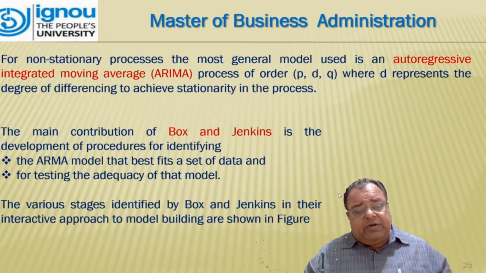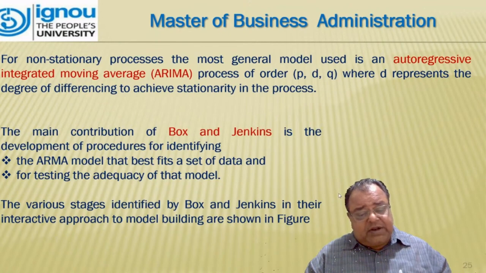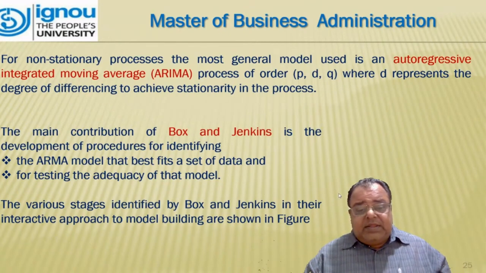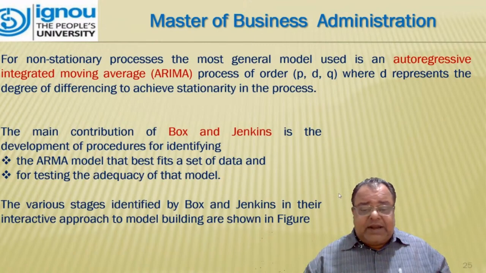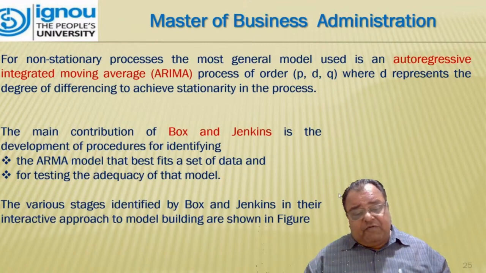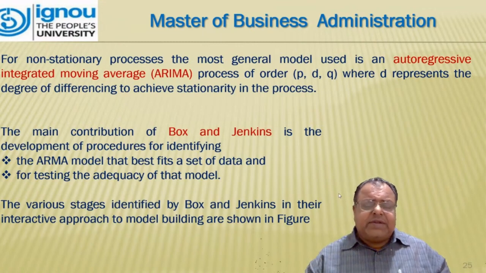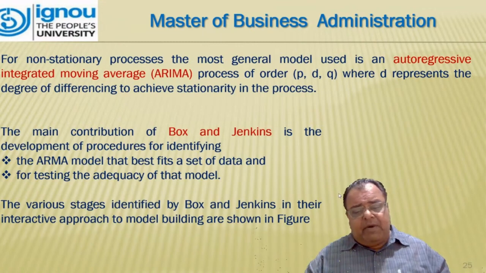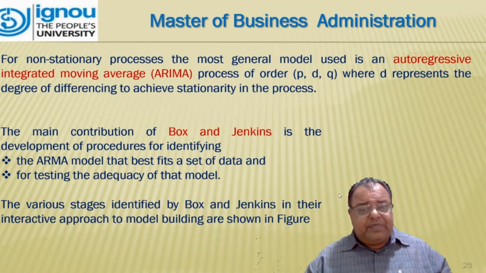The main contribution of Box and Jenkins is the development of a procedure for identifying the ARMA model that best fits a set of data and for checking the adequacy of that model. The various stages identified by Box and Jenkins in their iterative approach to model building are shown.